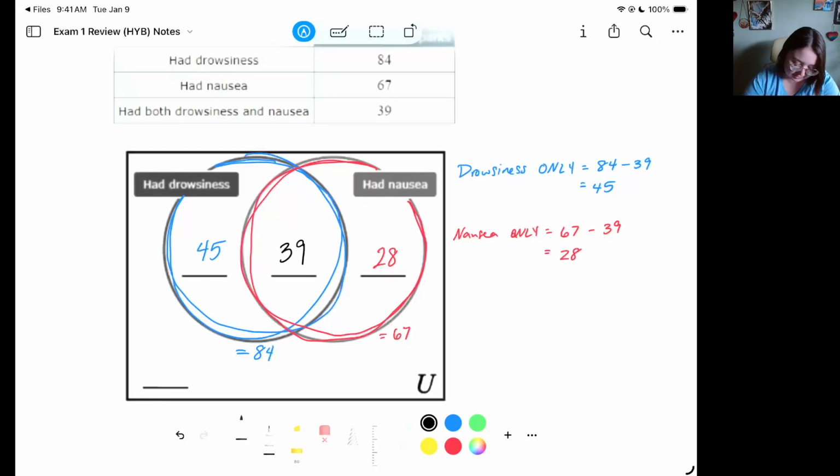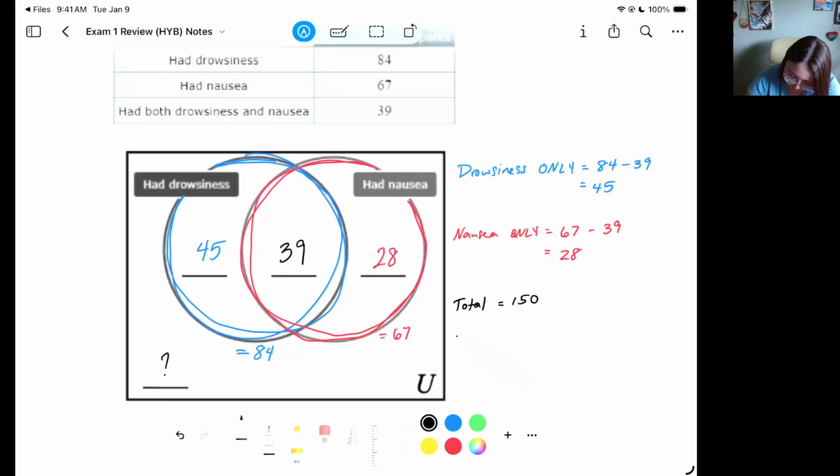Now we want to fill out this last one right here. How many people didn't have any symptoms? We know that the total amount of people surveyed was 150. So we know that that's our total. Now our reported symptoms should be the total of the 3 that we've added together.